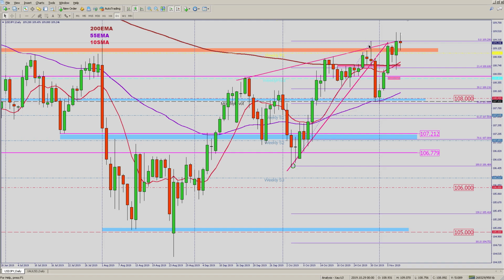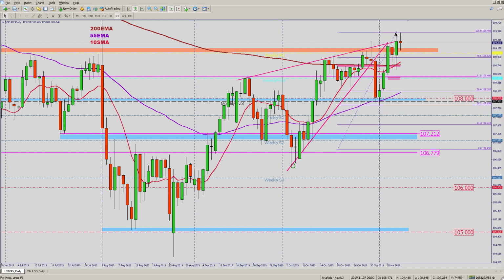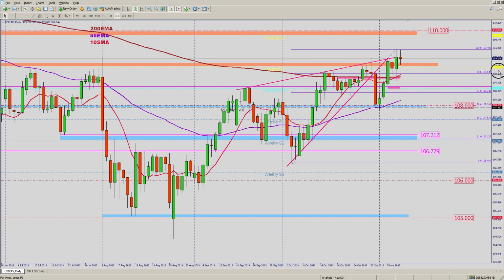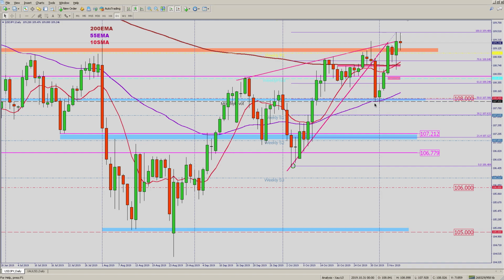We can also switch this fib retracement to the swing high and the swing low, for the bullish continuation move, after retracing to the 50% fib retracement area, where there's a strong support zone with the monthly pivot, the 55 EMA and the 108.00 level as well.